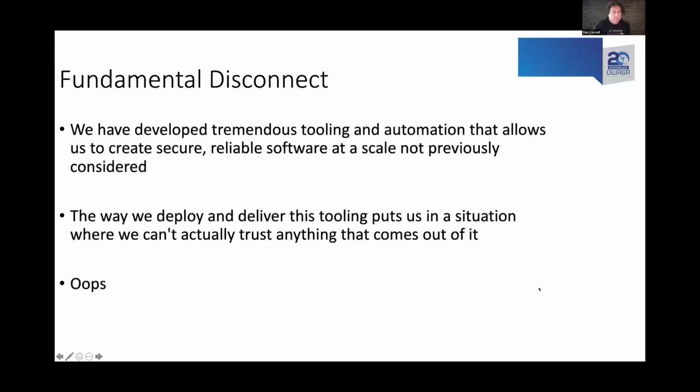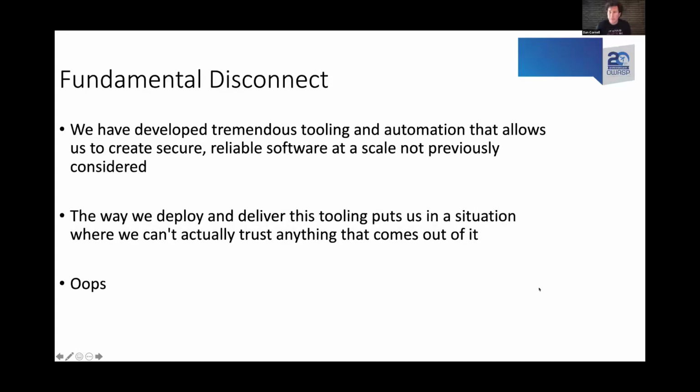And the challenge is there's a fundamental disconnect. I remember when I started my career as a developer probably 25 years ago, and I look at the advances we have made with version control, static analysis, both for quality and security, unit testing, acceptance testing, code coverage. The tooling we have available now is so much better and so much easier to use than it was when I started out my career in the mid to late 90s as a Java developer.